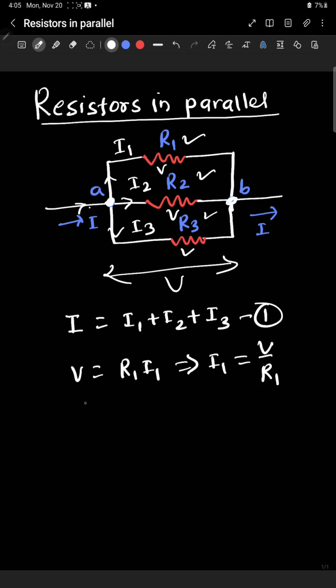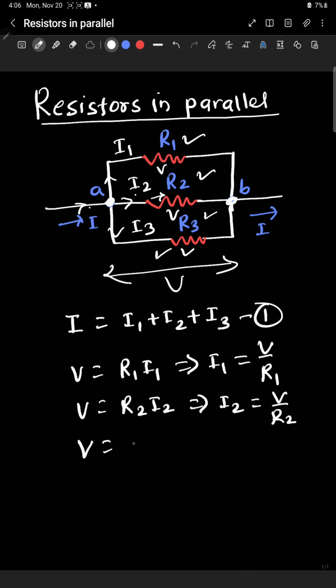Similarly, we can write V equal to R2 I2, because the current passing through the second resistor is I2 and the resistance is R2. This implies that I2 is equal to V divided by R2. Similarly, for the third one, V equals I3 R3, which is equivalent to I3 equal to V divided by R3, right?